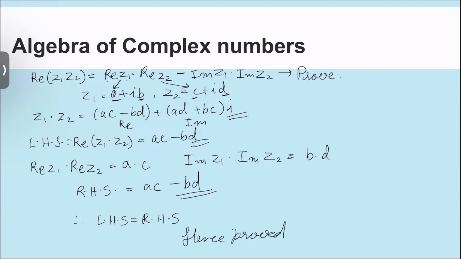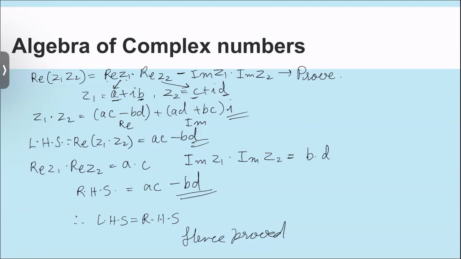So this is an easy way to know that the real part of the product of two complex numbers is the difference of the real coefficients of the individual complex numbers and the imaginary coefficients of the complex numbers. So this is what we can understand from this.